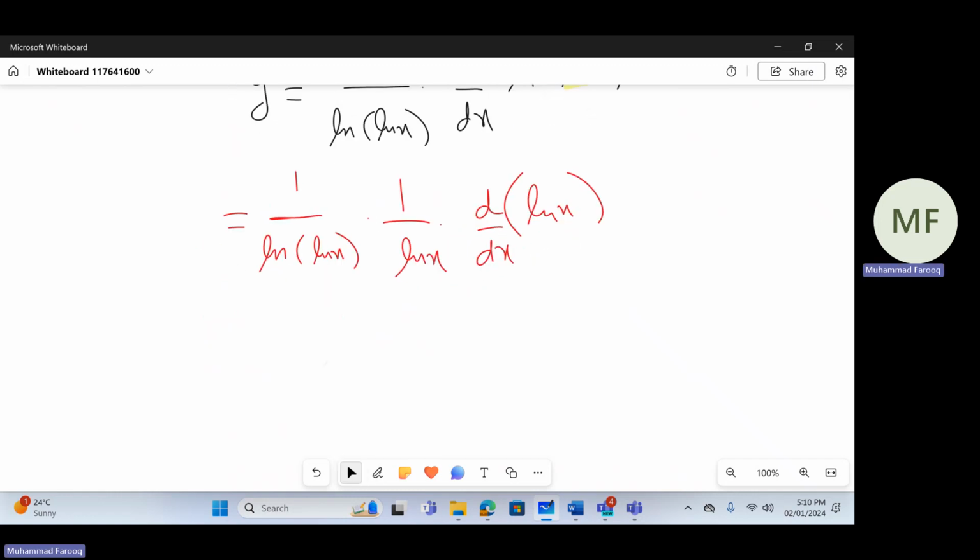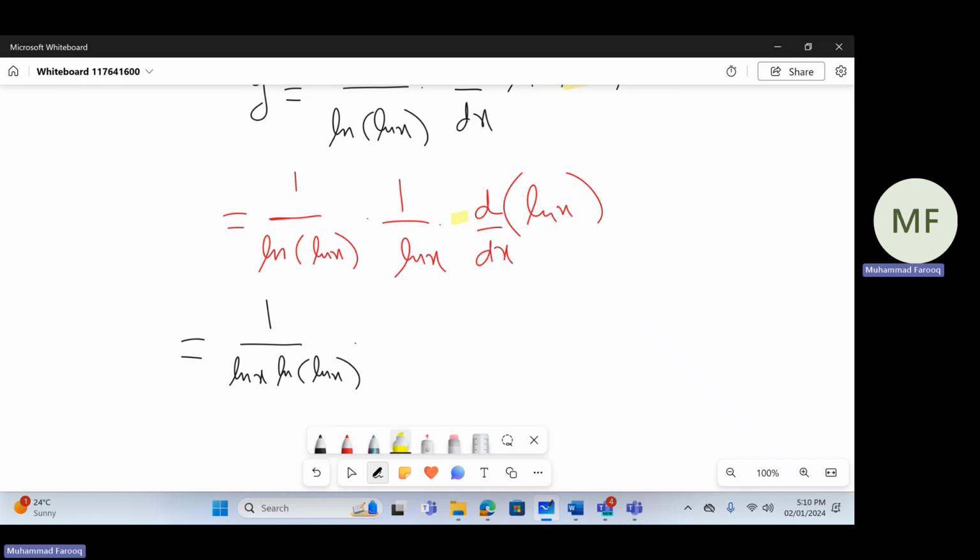This part is done, please copy paste as it is. You can write 1 over ln x first, no problem. Then ln with the argument ln x times, now please complete this one. What is the ln x derivative? 1 over x, and that's it, we got the y prime.